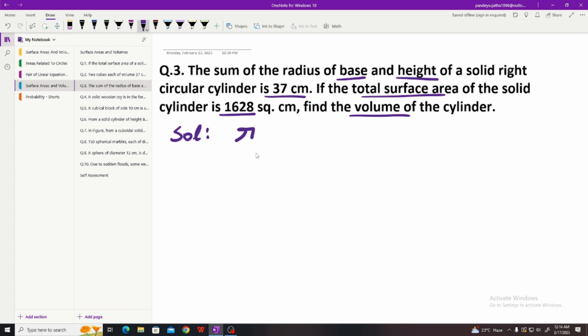The sum of radius plus height is given here as 37 centimeter, and the total surface area of the solid cylinder is also given, that is 1628 square centimeter.